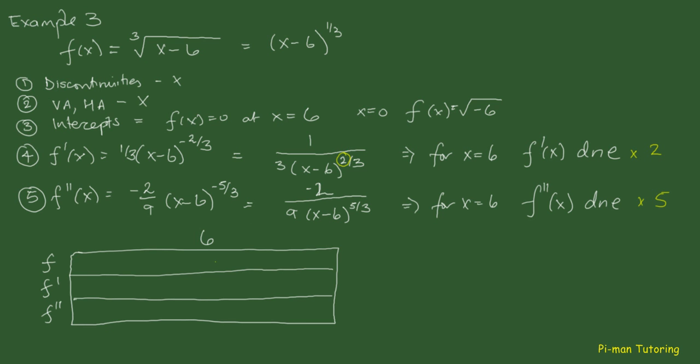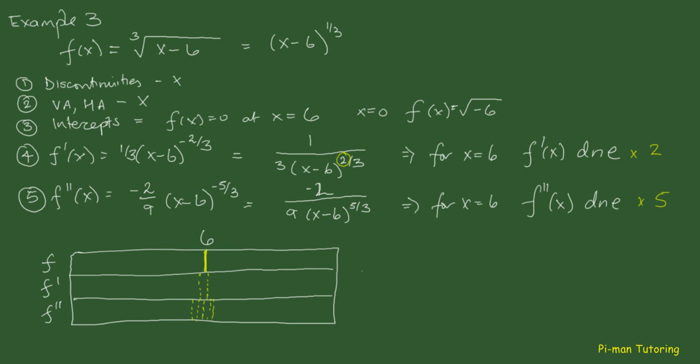We know that for the original function we have a 0 at x equals 6. And we know that for the derivative we have does not exist times 2, and for the second derivative we have does not exist times 5.